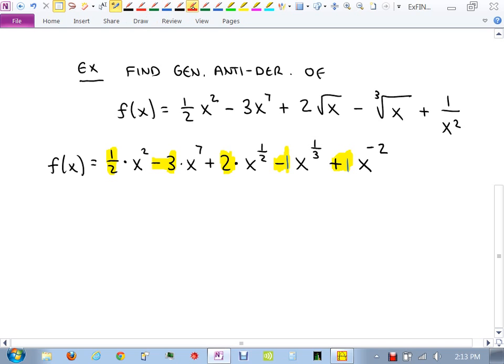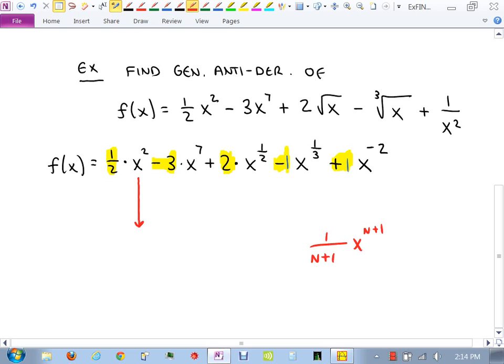So let's just focus right now on x squared. What's the antiderivative of x squared? Use the formula that we just got. Careful. Remember the formula is 1 over n plus 1 x to the n plus 1, right? So n for us for x squared is 2, right?